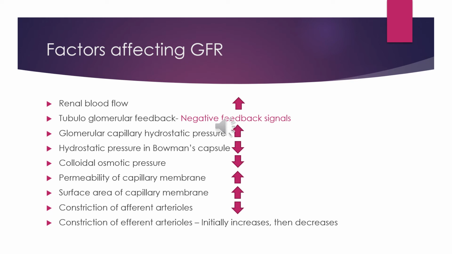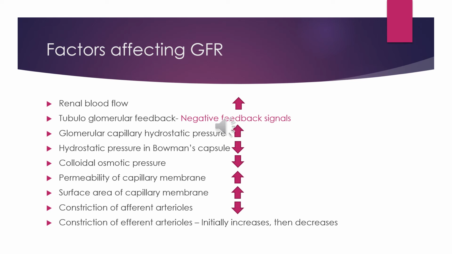because initially, as there is a vasoconstriction in the efferent arterioles, blood will not be going outwards, so there will be a stagnation of blood in the capillaries. It causes the initial increase in GFR, but when this condition sustains, almost all the substances will be filtered from this blood.